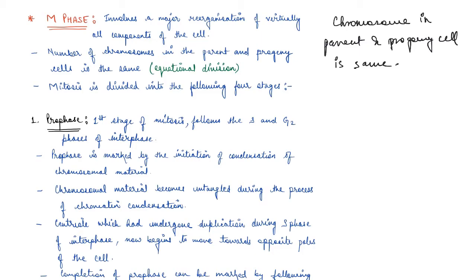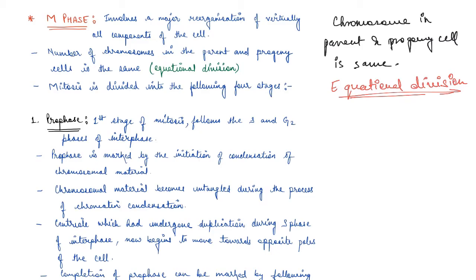And that is why mitosis is considered equational division. It is equal division, because after the cell divides, the chromosome number remains equal in both.